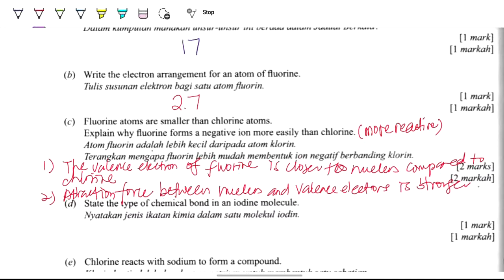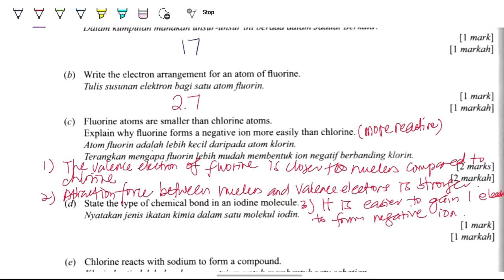So it is easier to gain 1 electron to form negative ions. So this is how we answer this question.